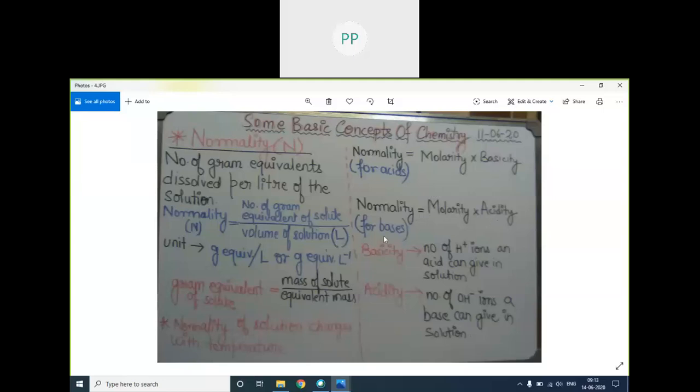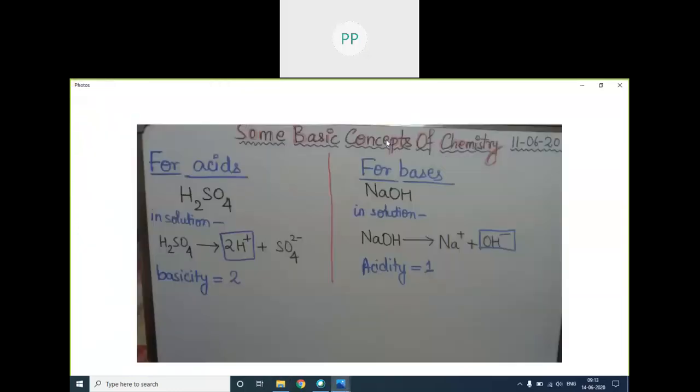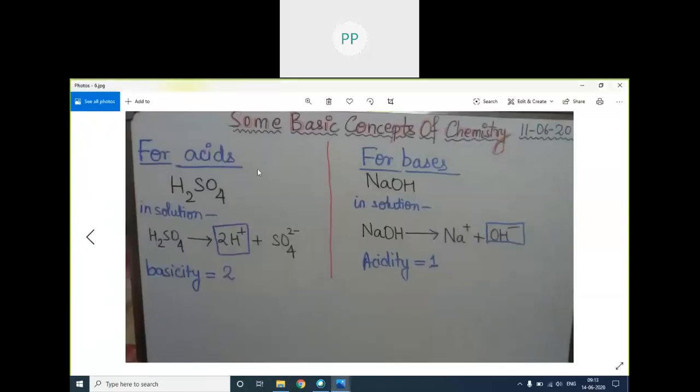Now what are acidity and basicity? Acidity is for bases and basicity is for acids. How to calculate them? For acids, for example H2SO4, sulfuric acid.